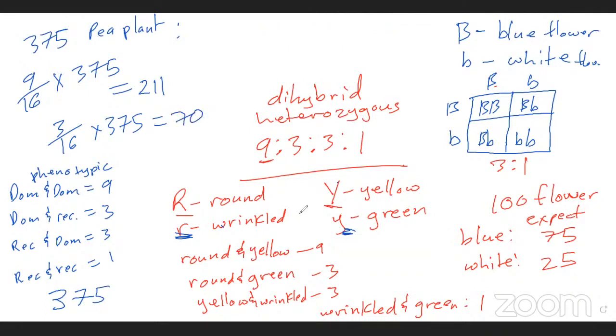And then it would be the same for the other. So this gives 211, 70, 70. That would mean this last one is 23. All right, so this is what we expect. I'm going to make up some numbers quickly.